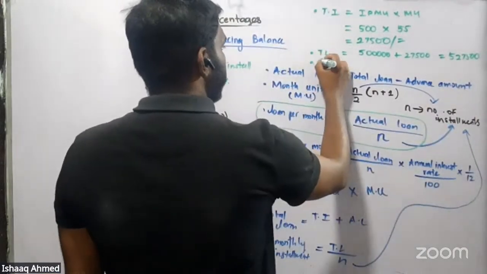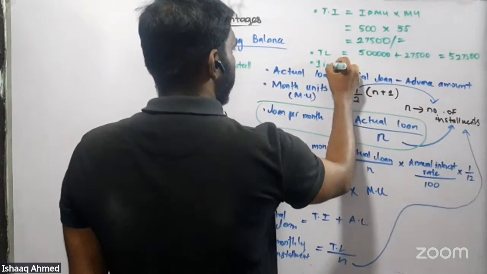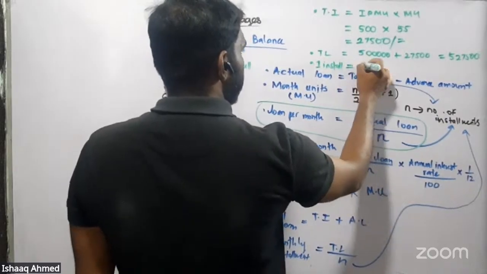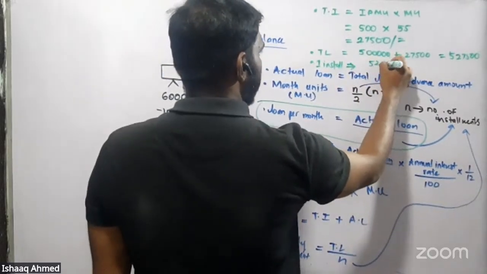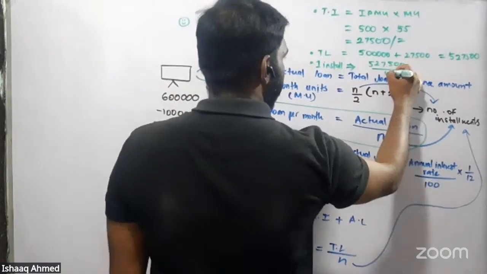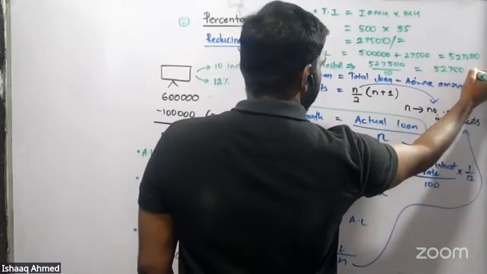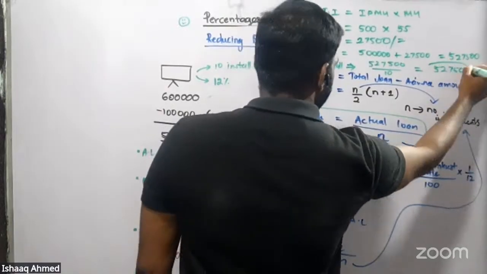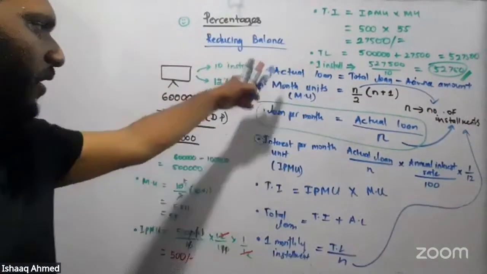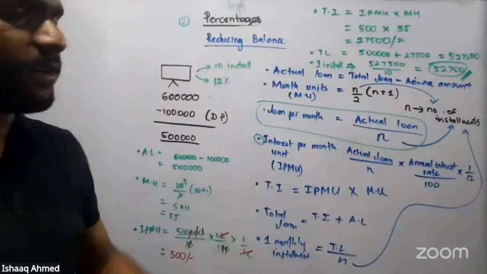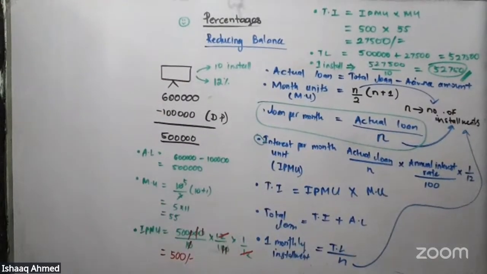So then value of one installment, if they ask, then you can write 527,500 divided by 10 equal 52,750 rupees. That's all. Just follow the formula. Directly follow the formula step by step, and then you'll get the answer. That's all.